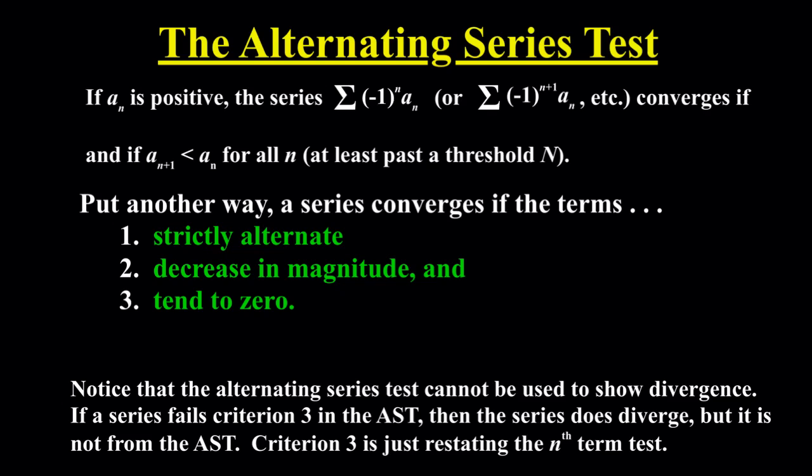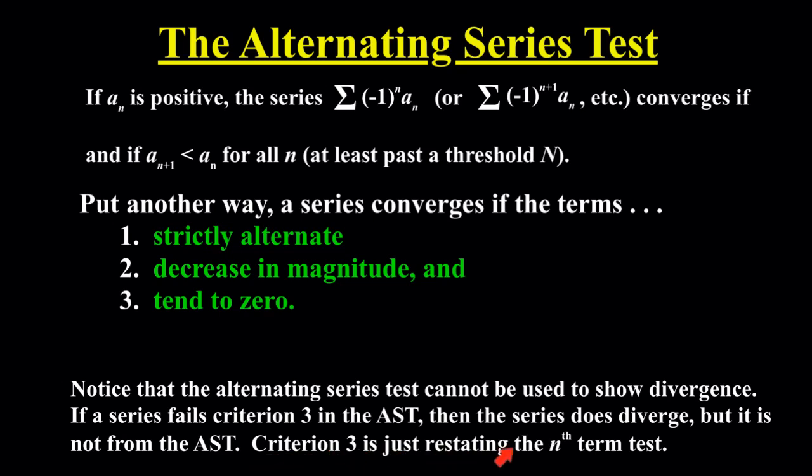Now, if a series fails criterion 3, which means your values do not approach 0, then the series does actually diverge, but it's not because of the alternating series test.